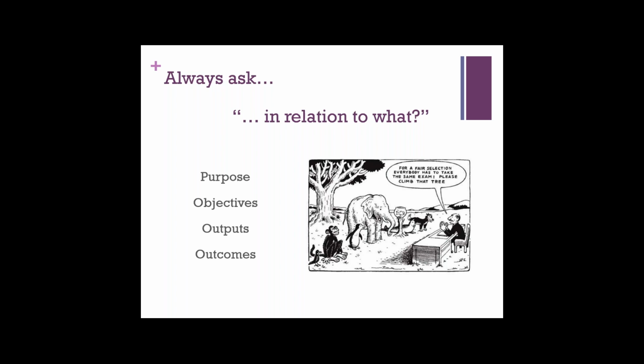If, for example, we realize that we expected an elephant to climb a tree, or we thought literacy was the most important outcome, when really what we should have been asking about was the relationships that developed. Maybe it wasn't that we were doing the wrong thing. Maybe we were just measuring it in the wrong way, or in a way that didn't allow for the true value of what we're doing to actually be manifest.